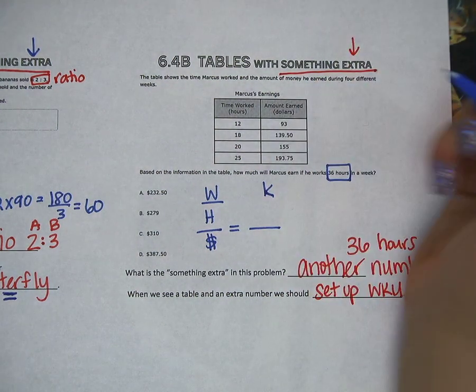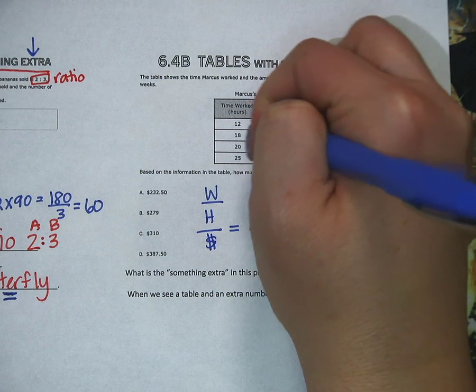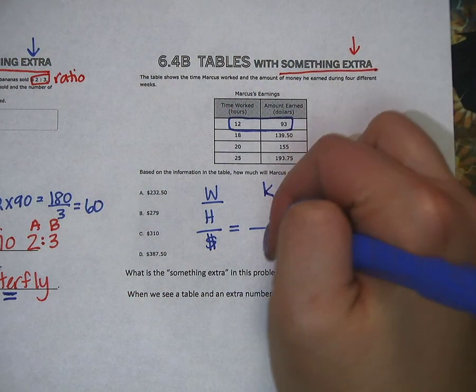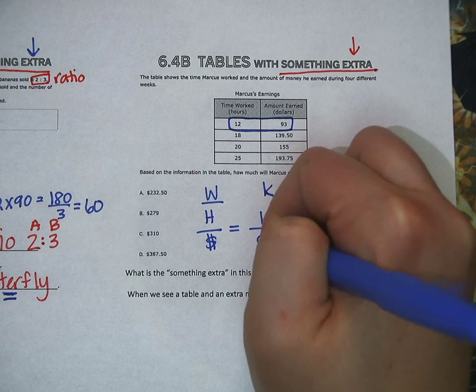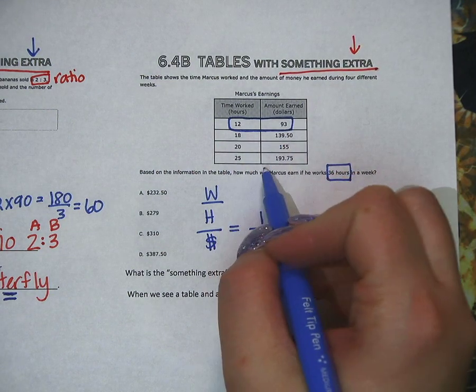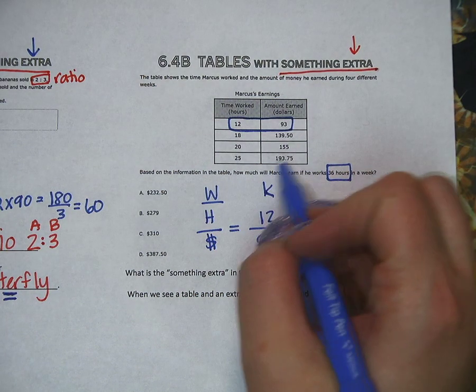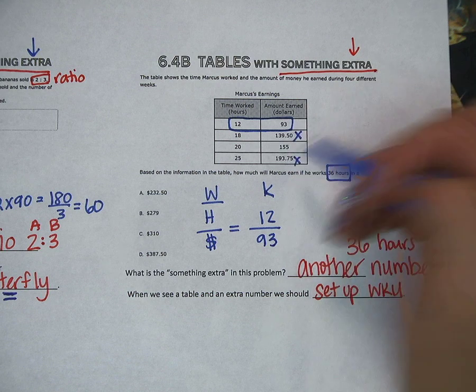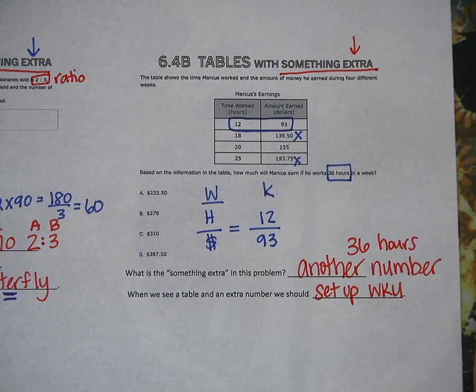I like the 12 and the 93. Those are friendly numbers for me, 12 hours and $93. But if you wanted to pick a different piece that you thought was more friendly, you could definitely use any of these pieces. I would not use this one or this one just because of the decimal. I wouldn't want to mess with the decimal.